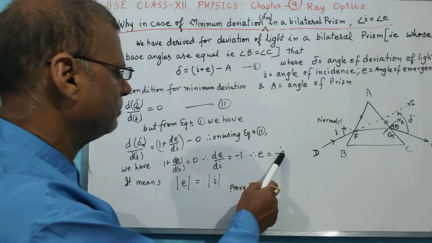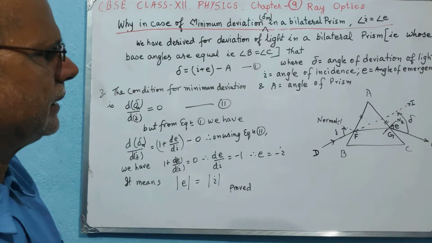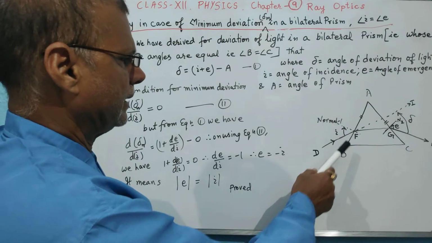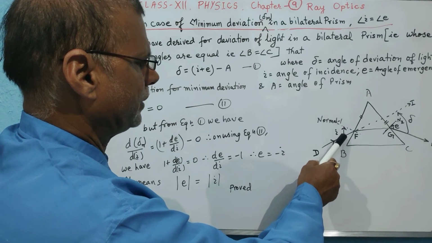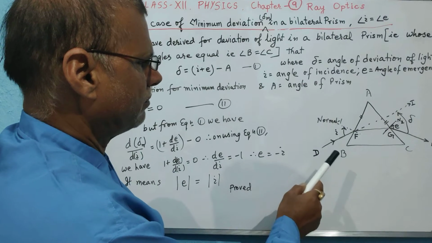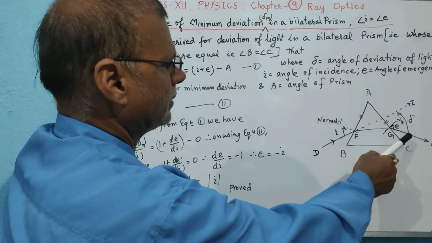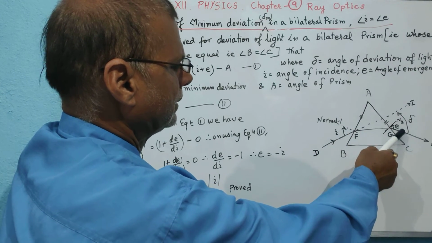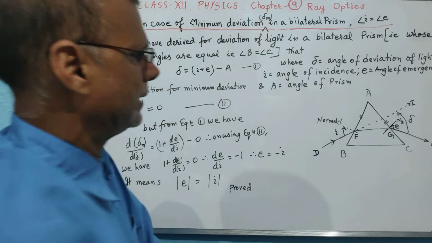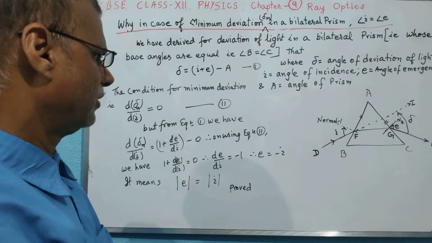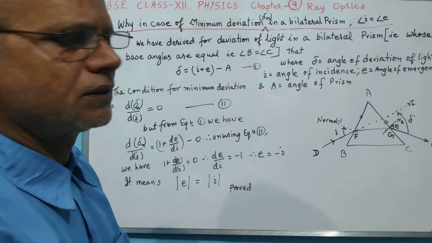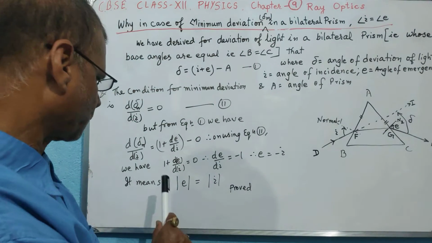Here the minus sign indicates that we are measuring the angle in the reverse sense. Moving from light to normal, we move clockwise in this case, and anti-clockwise in this case while measuring the angle of emergence, so the negative sign indicates that.